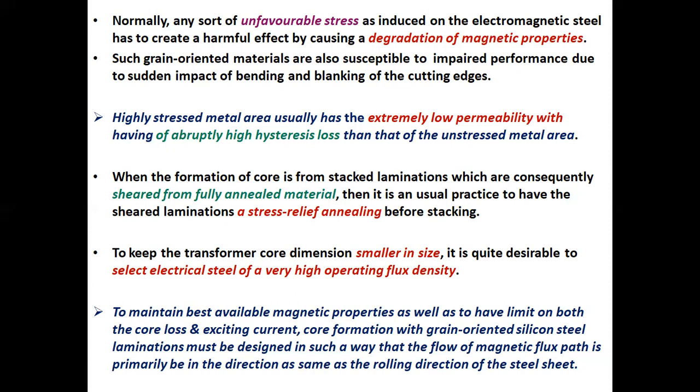To maintain best available magnetic properties as well as to limit both the core loss and exciting current, core formation with grain-oriented silicon steel laminations must be designed in such a way that the magnetic flux path is primarily in the same direction as the rolling direction of the steel sheet.